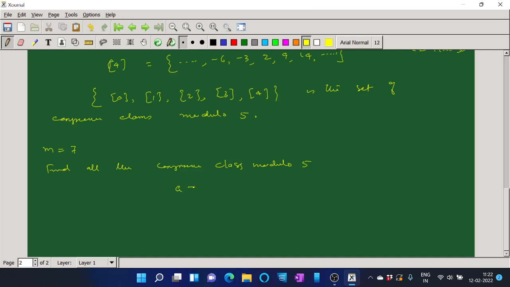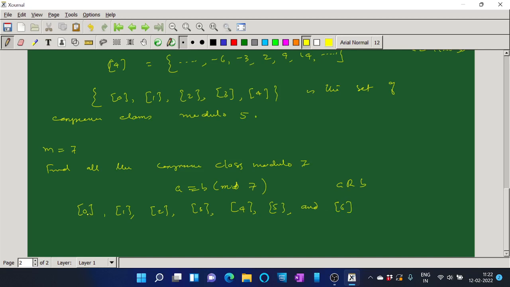Here the relation is a congruent to b mod 7. So whenever a is congruent to b mod 7, we say a is related to b, and this is an equivalence relation, and this generates congruence classes modulo 7. They are [0], [1], [2], [3], [4], [5] and [6].